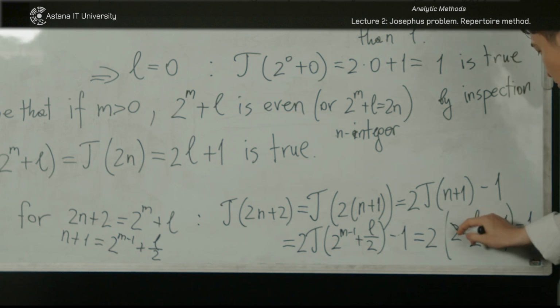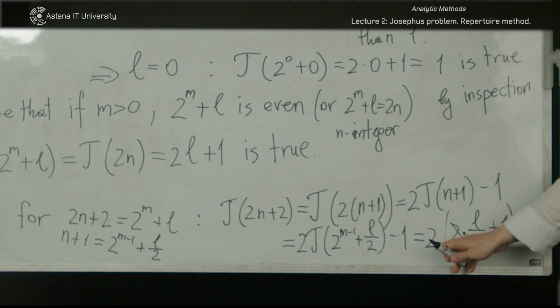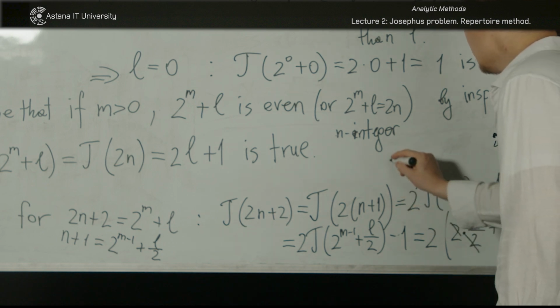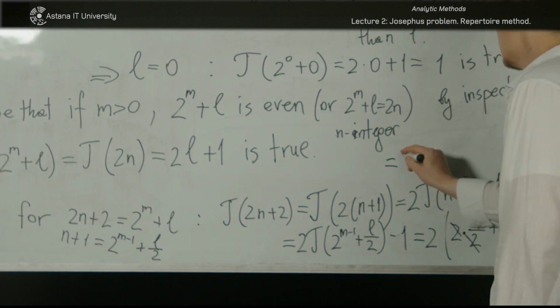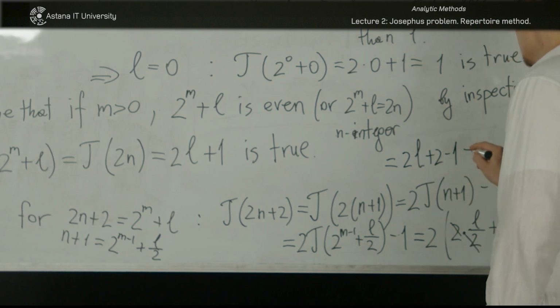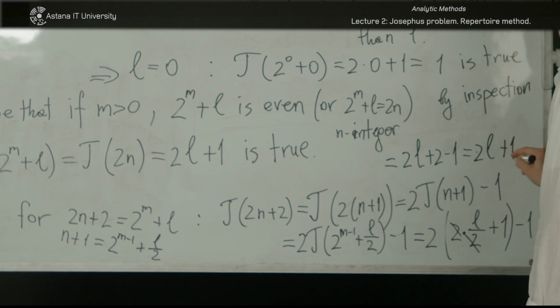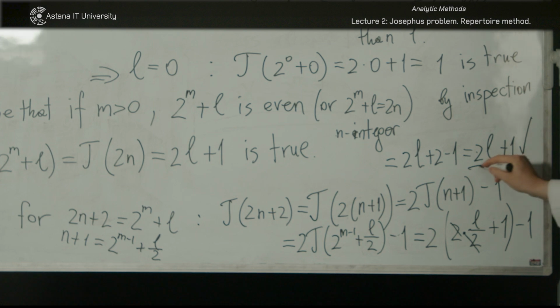Okay, so this 2 and 2 go away, and I have 2 outside. So if I open up the brackets, what do I have? I will have 2 times L plus 2 minus 1. So I'm going to write it over here. 2 times L plus 2 minus 1, which is equal to 2L plus 1. So this is it.